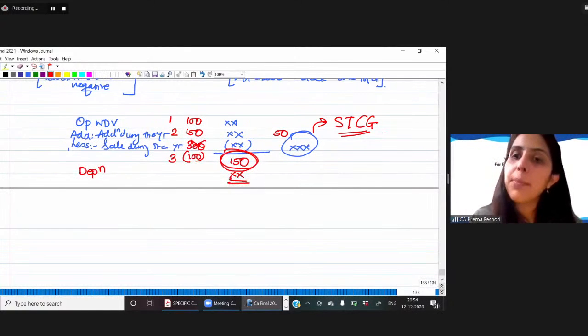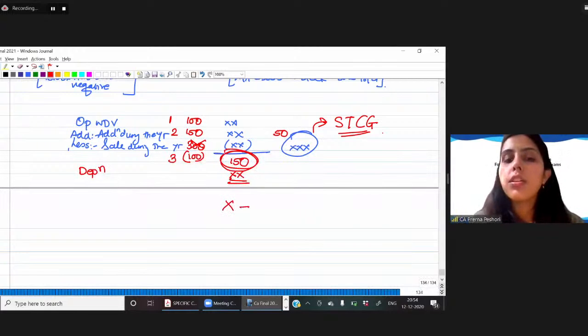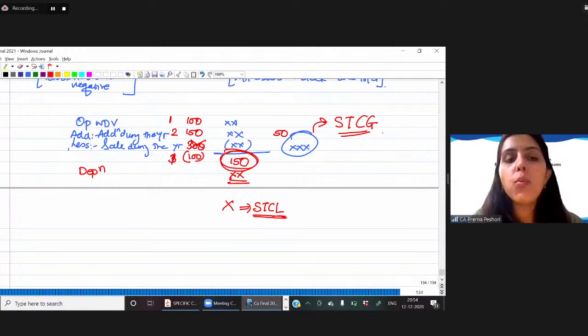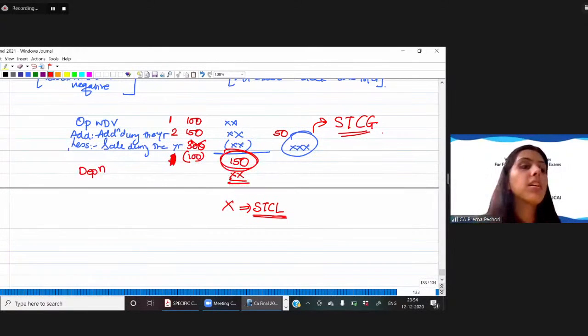Will you claim depreciation? Answer is no. Here, this will be short-term capital loss. If all the assets are transferred, no further depreciation will be claimed. But if only year 1 was transferred, then on 150 depreciation will be claimed. Is it clear? Any doubts with respect to this?